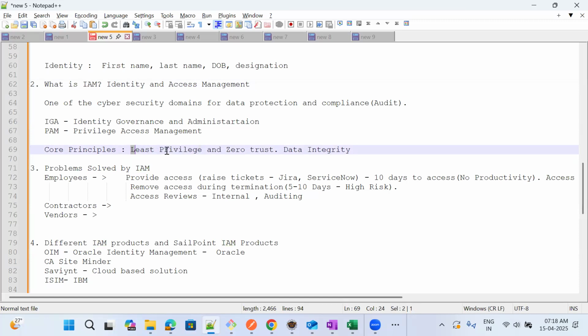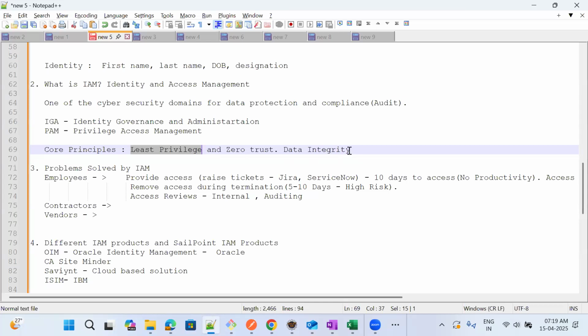The term least privilege says that if we are providing access to any person, we have to make sure that we are only providing the minimum access required for the user. For example, if I'm a developer joining the organization, I should only get access that is required by a developer. I should not get any access more than what is required for my role. At the same time, I should not get any access less than what is required for my role.